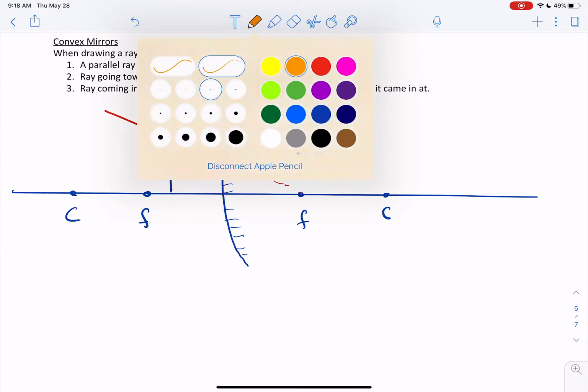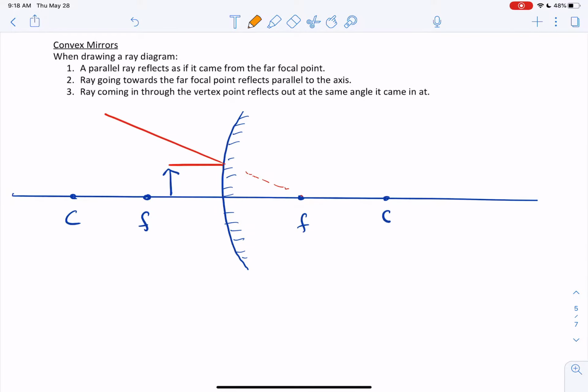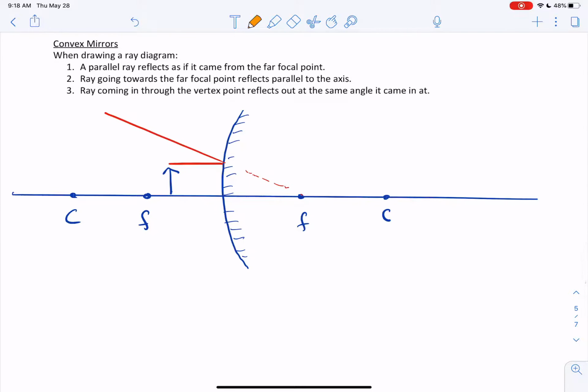Okay, the next one: a ray going towards the far focal point reflects parallel to the axis. So let's do this. All right, so we're lined up as if this is going towards that focal point, right? And then when it hits the mirror, it reflects off parallel to the axis.